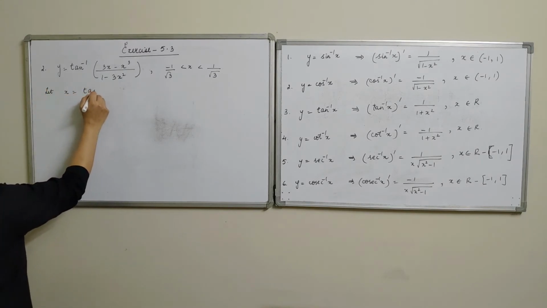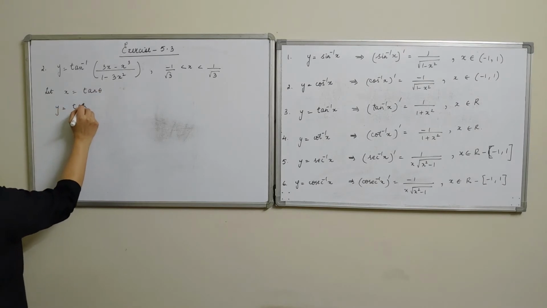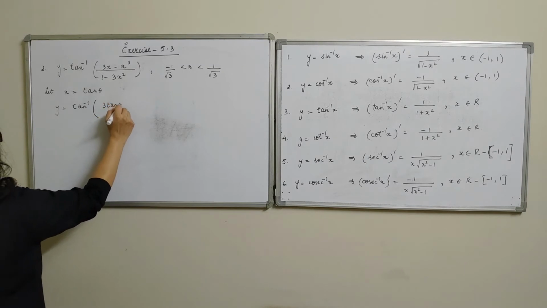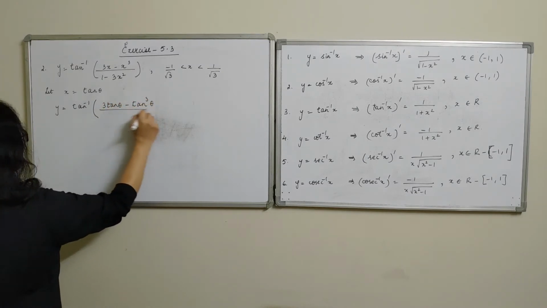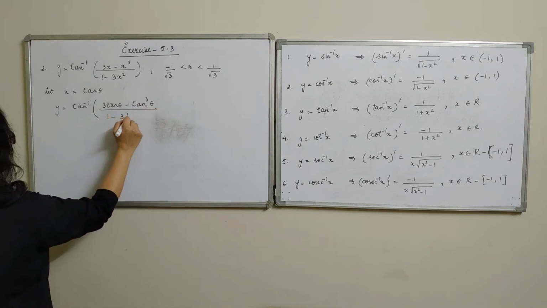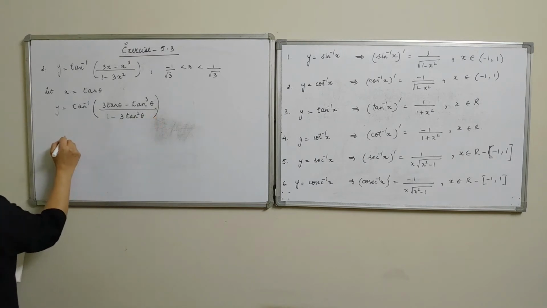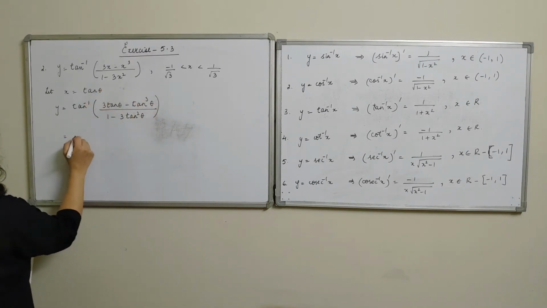Let us use x is equal to tan theta. So y is equal to tan inverse of 3 tan theta minus tan cube theta upon 1 minus 3 tan square theta. So once again, the substitution will come into your mind only if you remember what is this formula here.